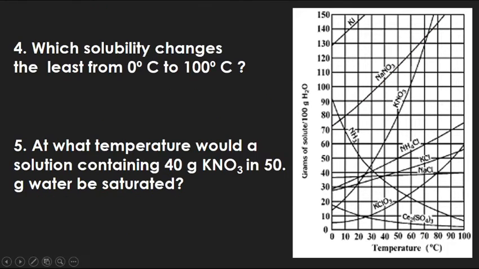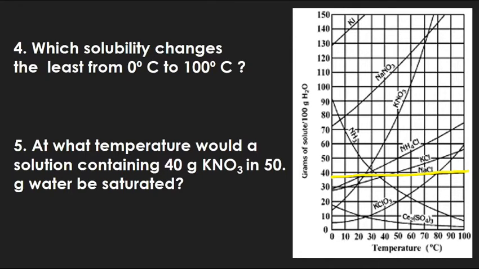So those are some of the simplest types of questions. And we're going to move on now to answer a few more different types of questions. And this next one asks us which solubility changes the least on this graph from 0 to 100 degrees. So we're looking for something that the y-axis, the solubility level, changes the least. And hopefully you can see it's kind of sneaky in here.